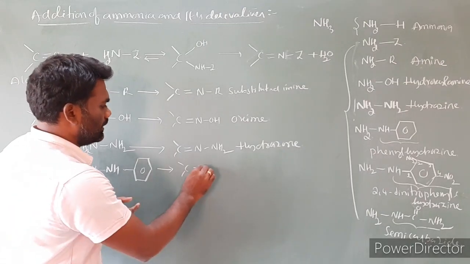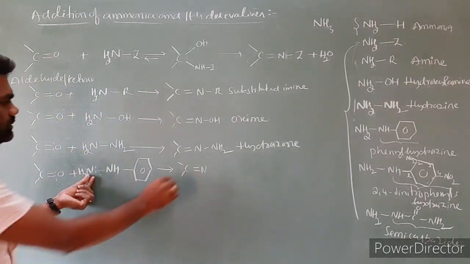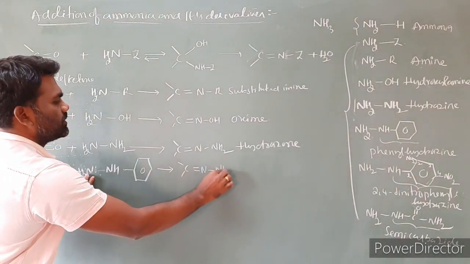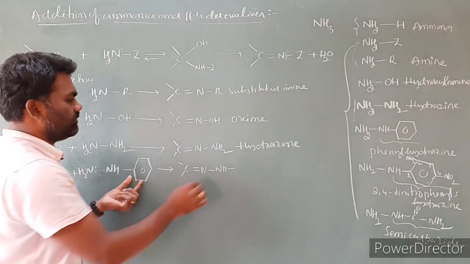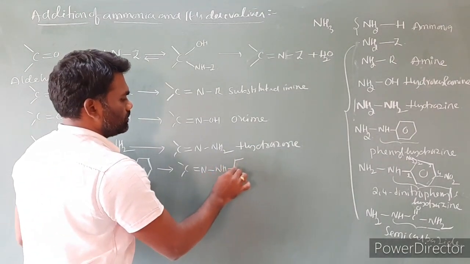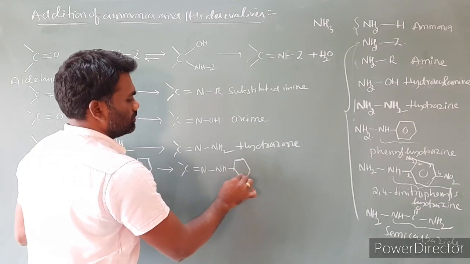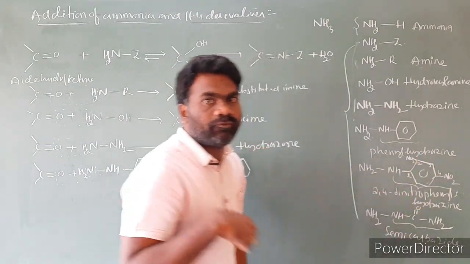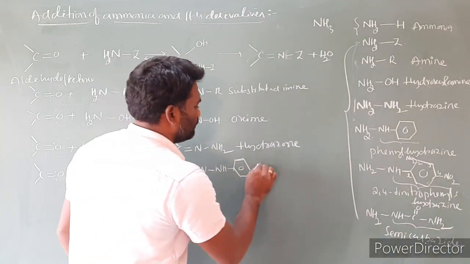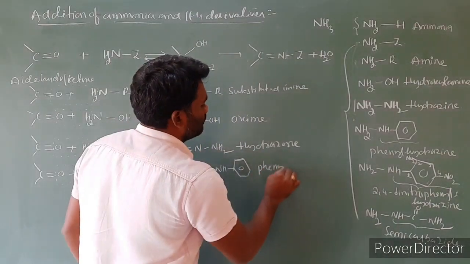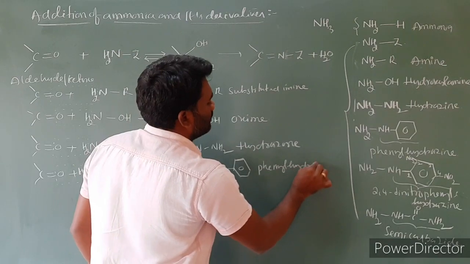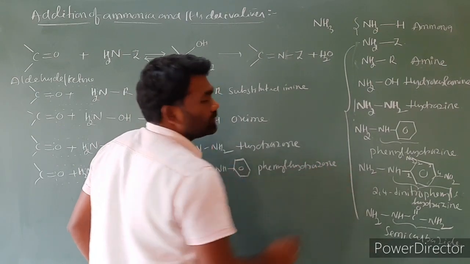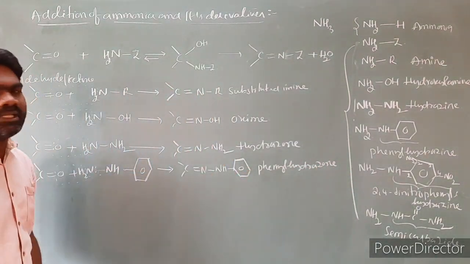Then the product is C double bond N, NH, with this benzene ring. Phenylhydrazine will become phenylhydrazone. So this is the product formed in this reaction.